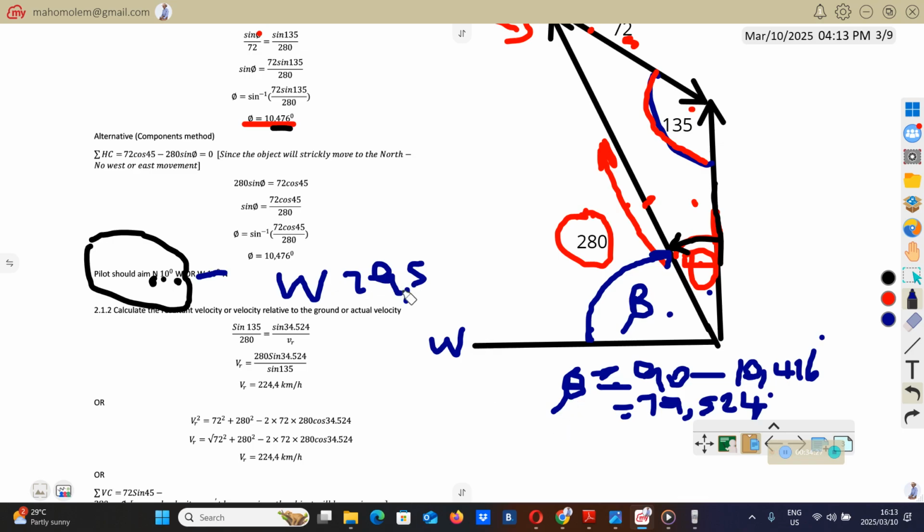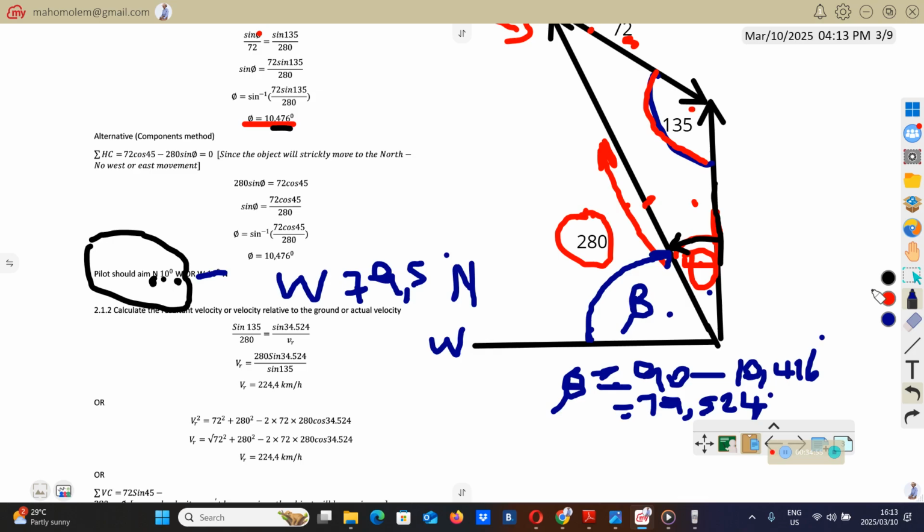Because we measure from here going up, we have north. So you have two options for the direction: either north 10.47 west or west 79.5. That is the answer for the direction.